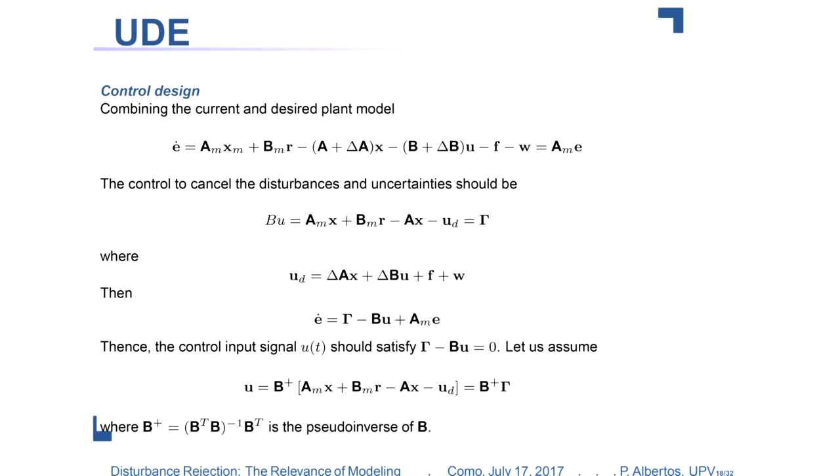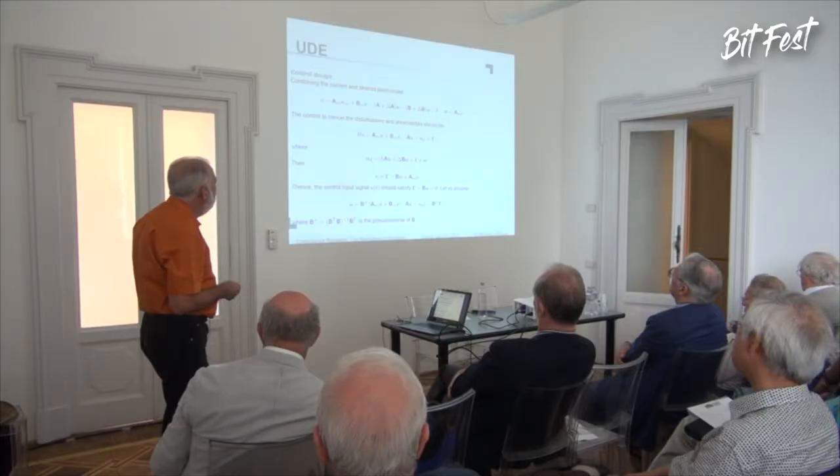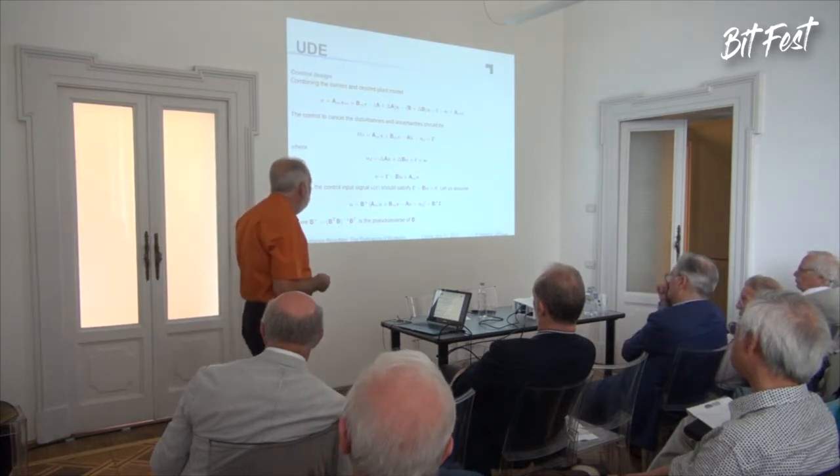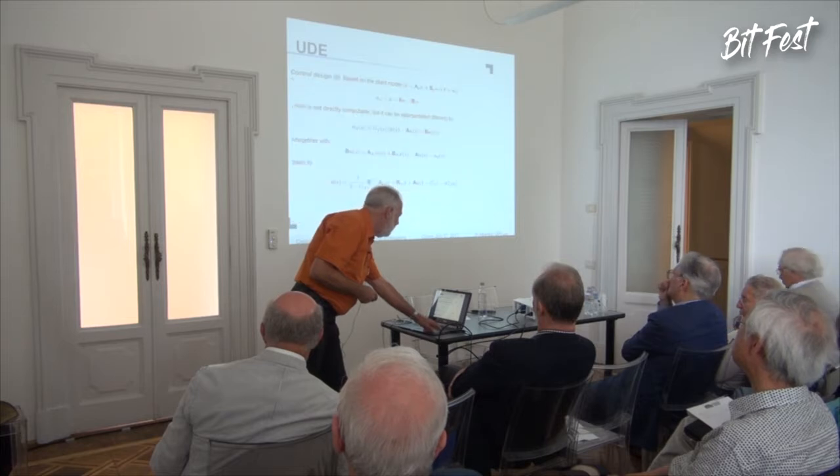And then the control to cancel the disturbances will be such that this. And then you see here that this requires that the control is obtained by the pseudo inverse of B multiplied by all these terms. So all these terms should be in the range space of B. This is what I have called before the matching constraint.